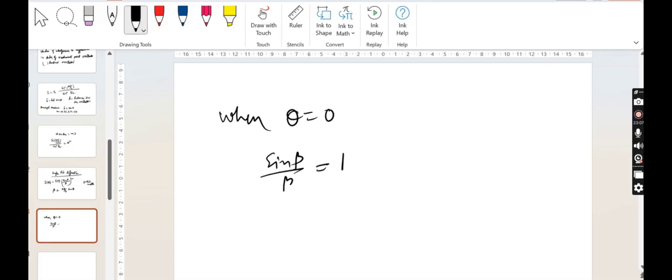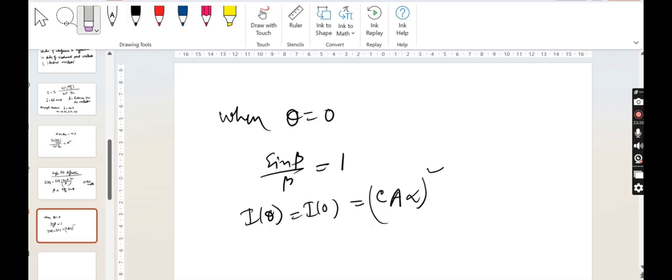Theta by beta is equal to 1. Then I theta is equal to I naught, which is basically some constant C times A times alpha, whole square. Here it is not alpha, it is actually beta, and A is the amplitude of the wave. So C is some constant.